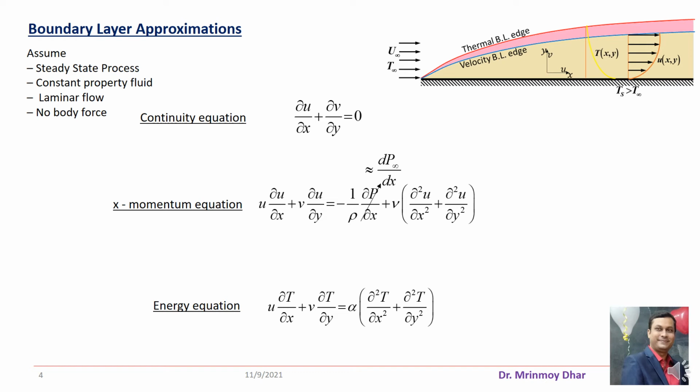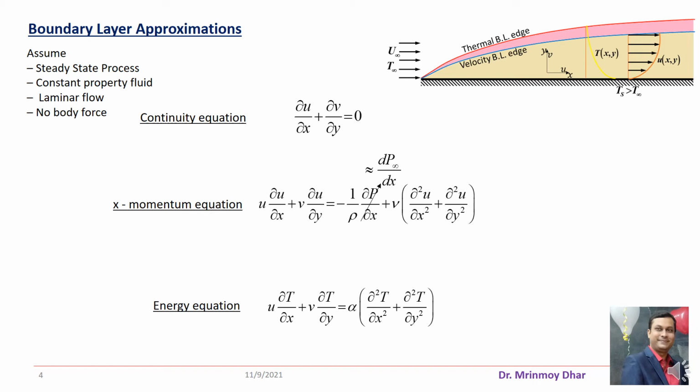So the pressure gradient del p del x is the same as dp infinity dx, which implies that there is no pressure variation within the boundary layer thickness, along the vertical or y direction. So in the vertical direction there is no pressure gradient. That means del p del y is not there within the boundary layer.